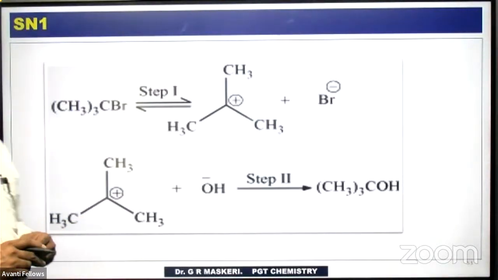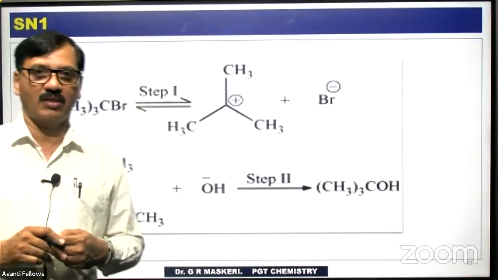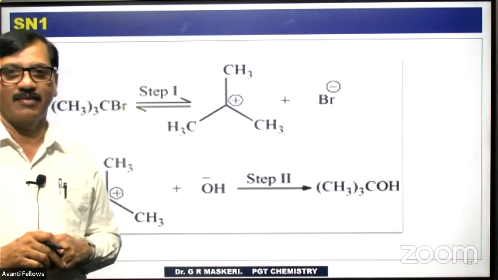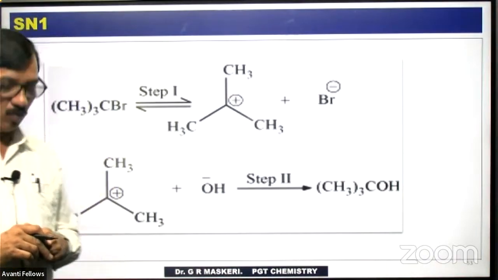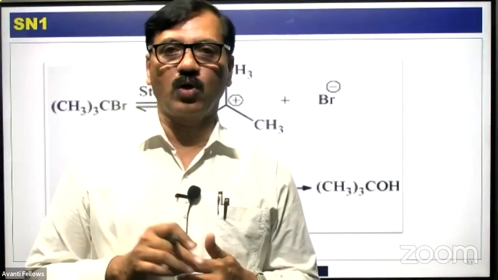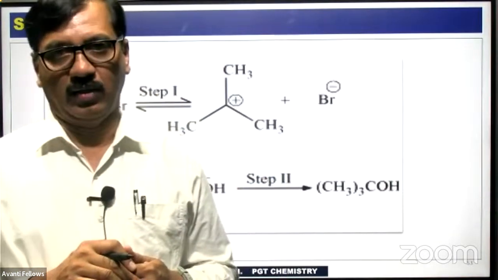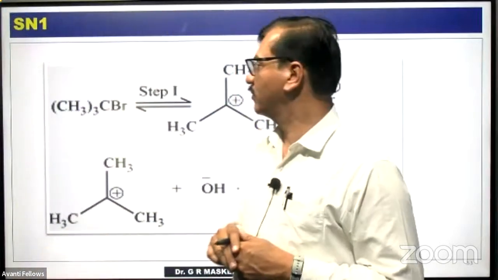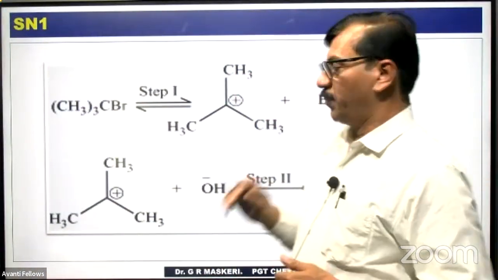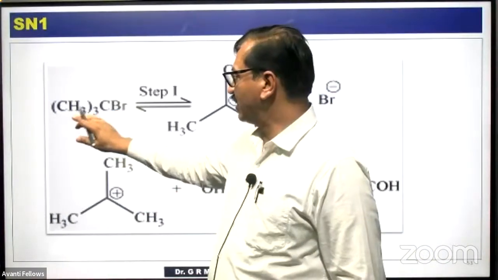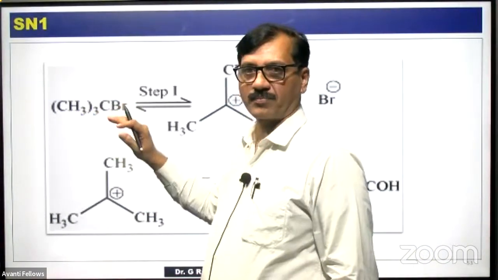Now coming to the process, the nucleophilic substitution reaction called SN1 reaction. Why is this called SN1? Substitution nucleophilic unimolecular. The 1 stands for unimolecular process. And suppose there is a haloalkane like this, (CH3)3CBr.